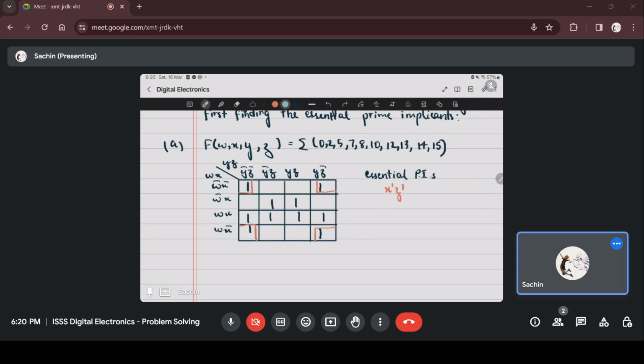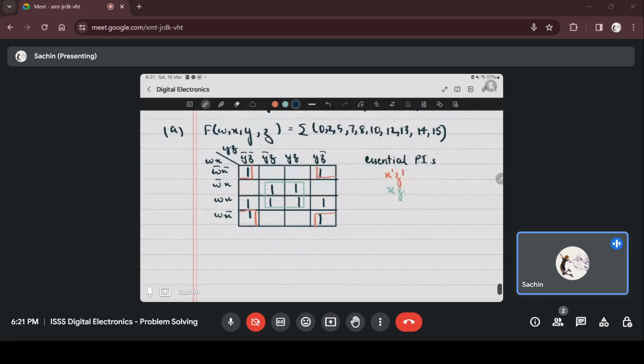Next, this is also an essential prime implicant because this one and this one cannot be covered by any other group that is larger than that quad. So xz is an essential prime implicant. The remaining ones can be covered in different ways.